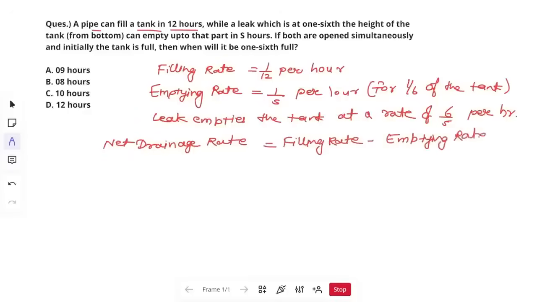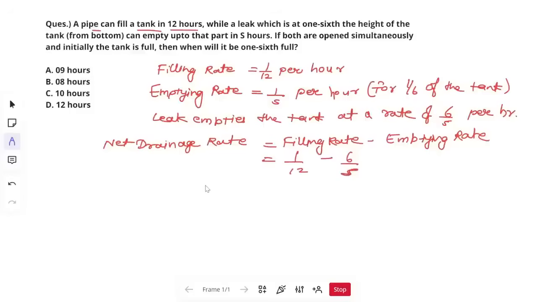Okay. So filling rate we have already found, 1/12. Emptying rate is 6/S, right? Because see, we have been told 1/S per hour for 1/6 of the tank. So leak empties the tank at a rate of 6/S per hour. Okay. So that is why 6/S. This is S. Okay. Don't get confused.